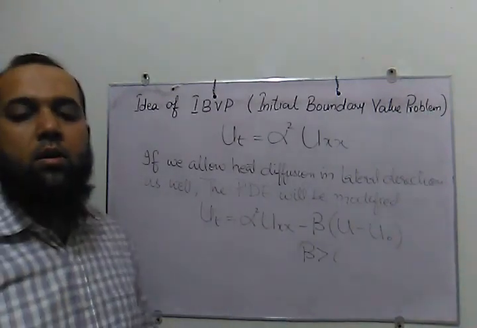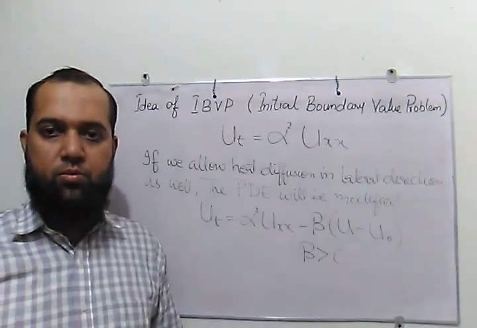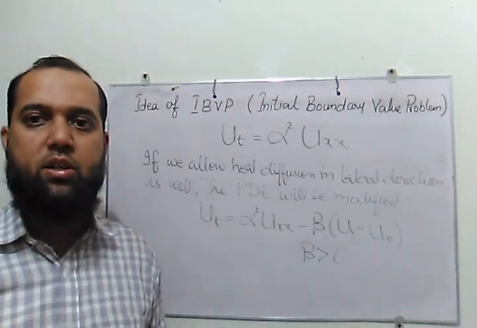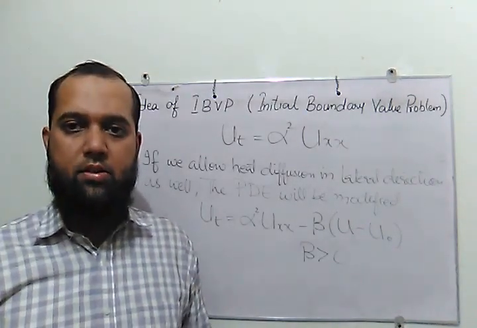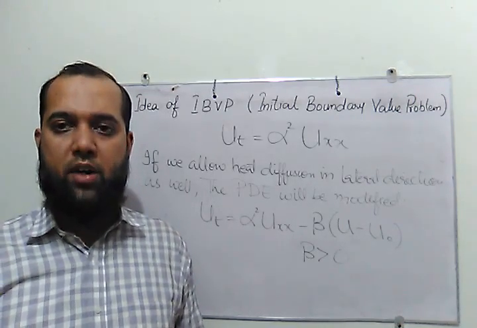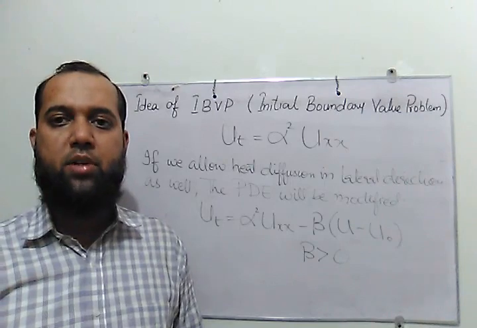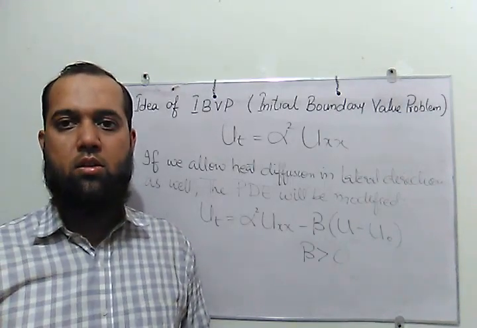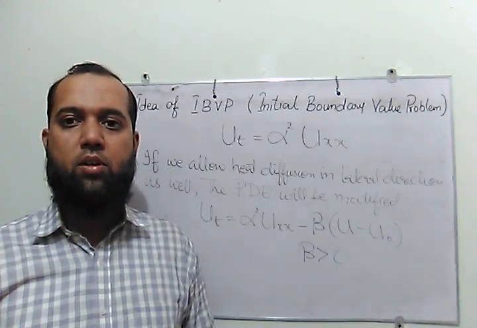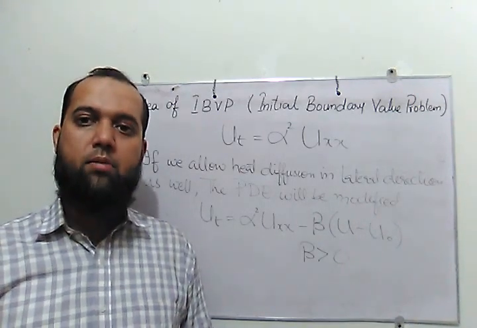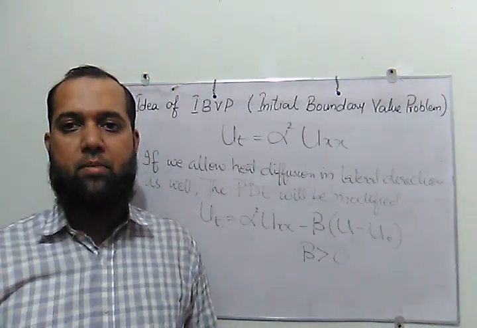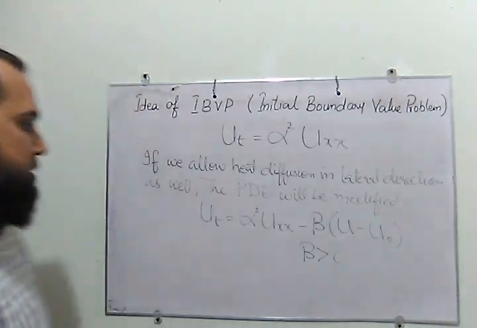Now, again, we have assumed in the previous experiment that the temperature is fixed at the ends and temperature is not generating, there is no generation of heat within the rod. So if we put a heating element or a heat source in the rod, then there will be another parameter added in the equation.